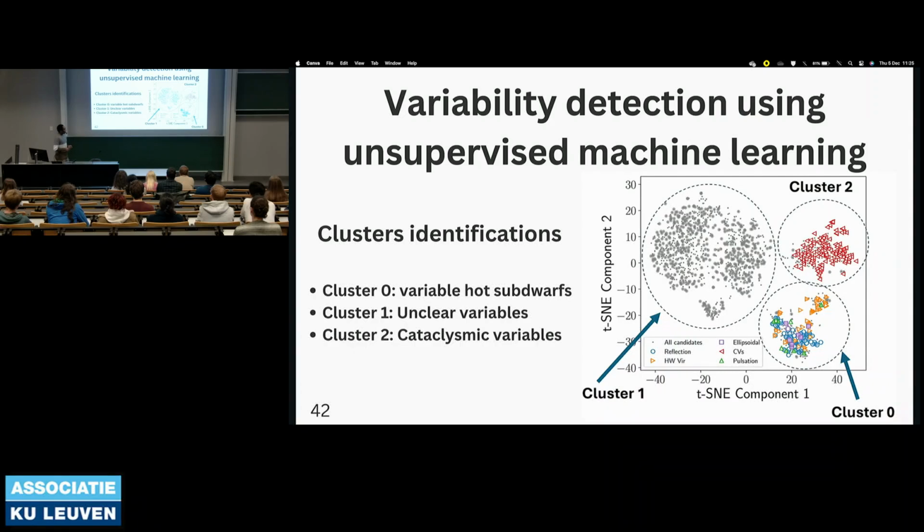And cluster 1 consists of all of the unclear variables. And from cluster 2, we identified cataclysmic variables from the literature. So this is a very interesting result, because we can now separate CVs from hot subdwarf variables.